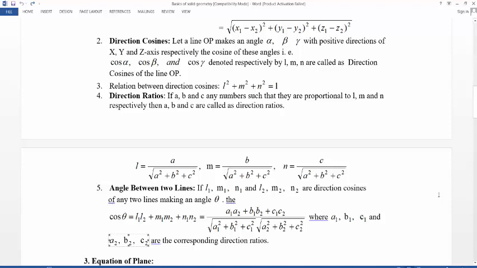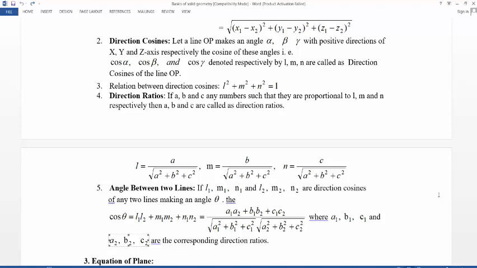Direction cosines. Let a line OP makes an angle alpha, beta, gamma with positive direction of XYZ axis respectively.